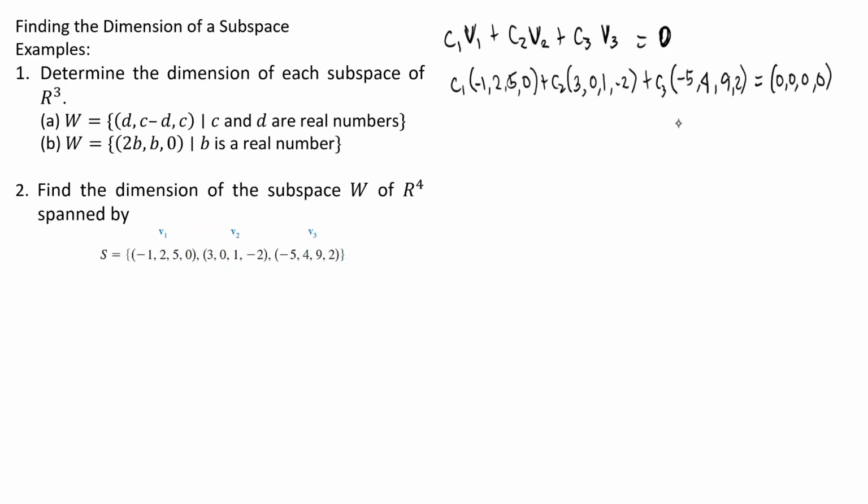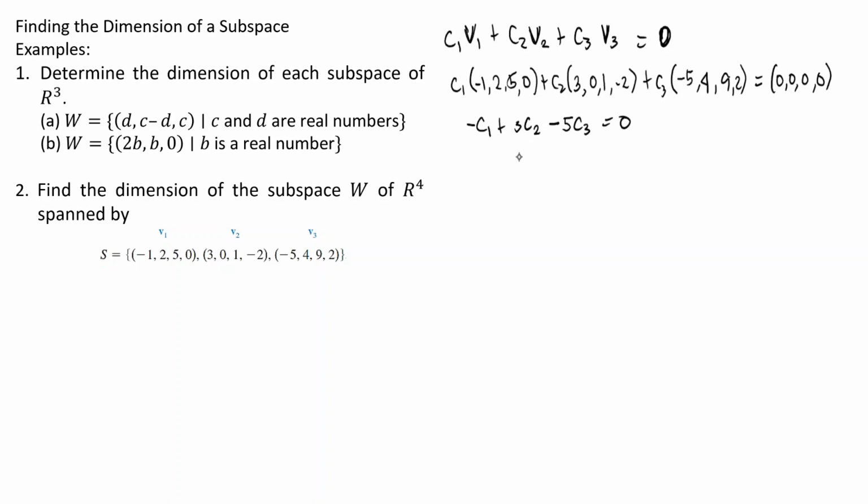Okay, so from here, we can now create our linear system. We can just add the results after multiplying these scalars. So we have negative C1 plus 3 C2 minus 5 C3 equals 0.